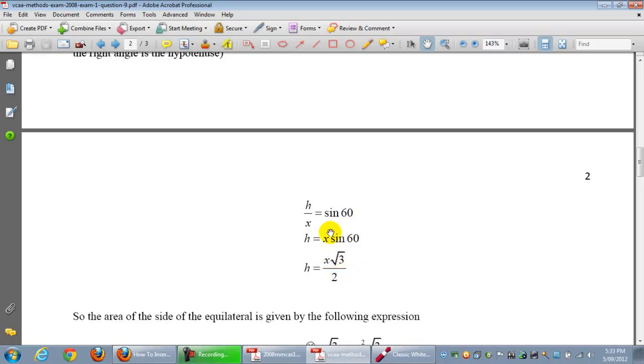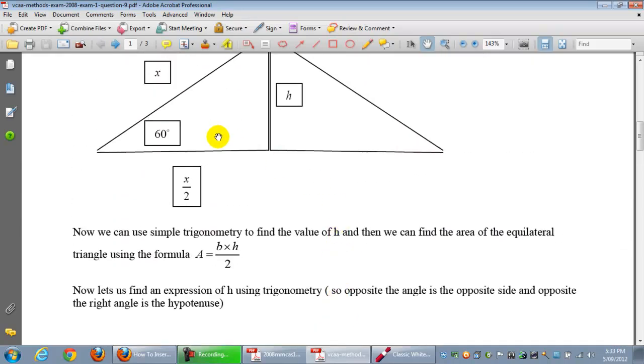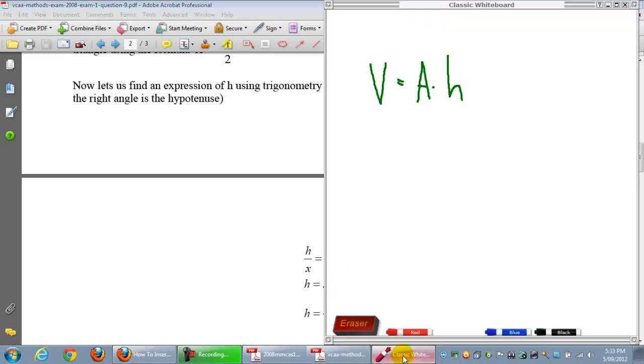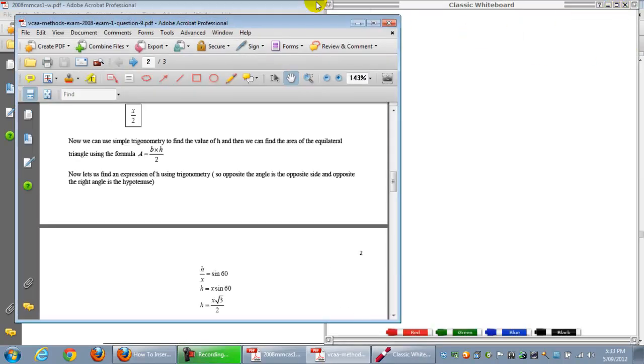So we have to know those angles, sine 60. Now, how did I get that again? Well, remember, that's O, that's h, and that's O. So O over h is equal to h over x, which is equal to sine 60. Remember, O over h. You have to remember these little facts as we go through it.